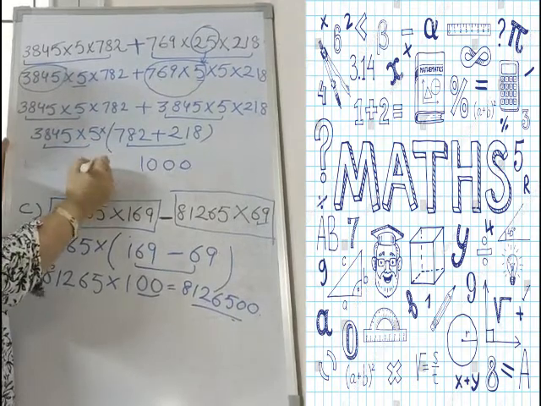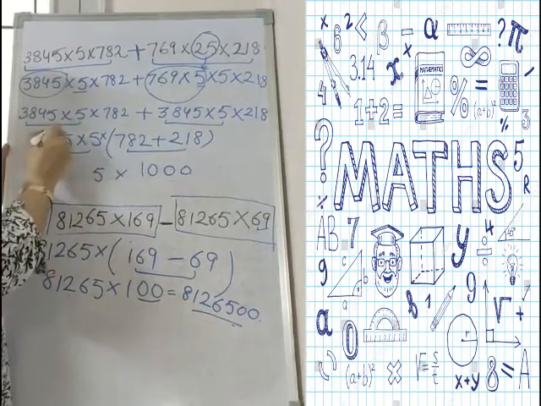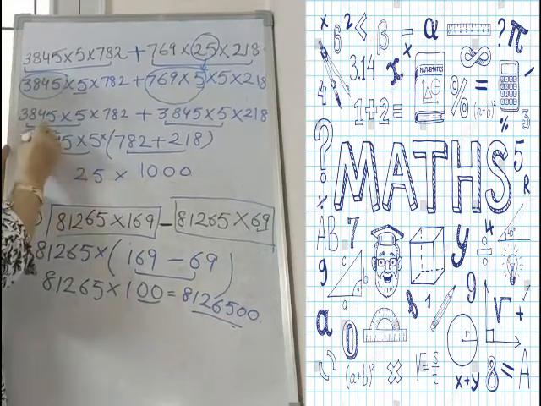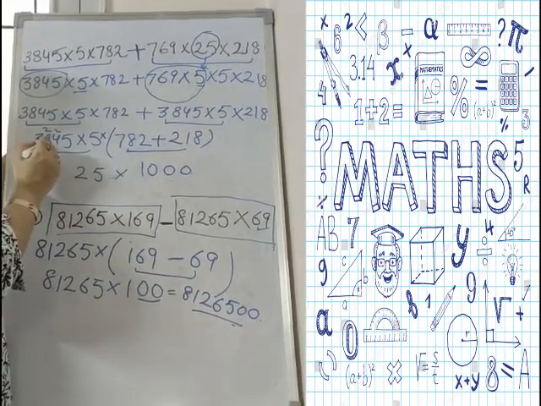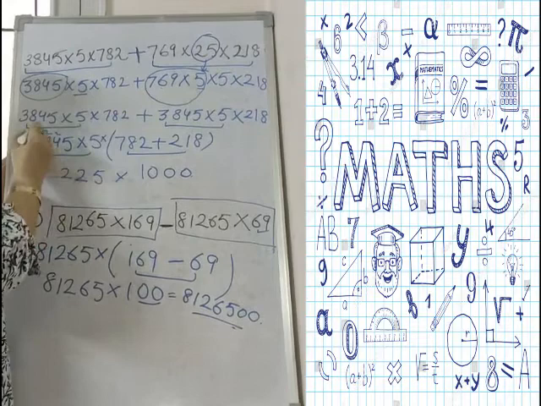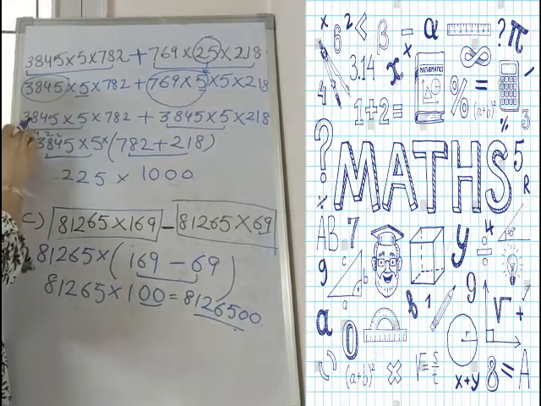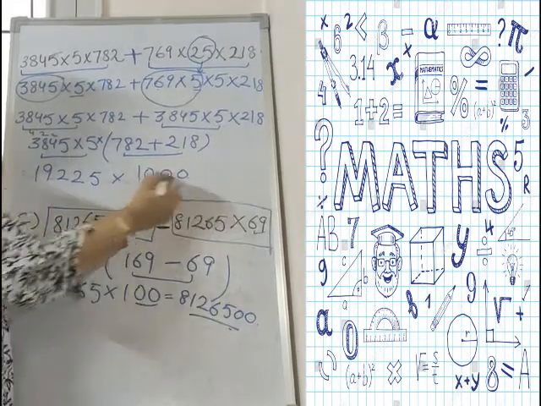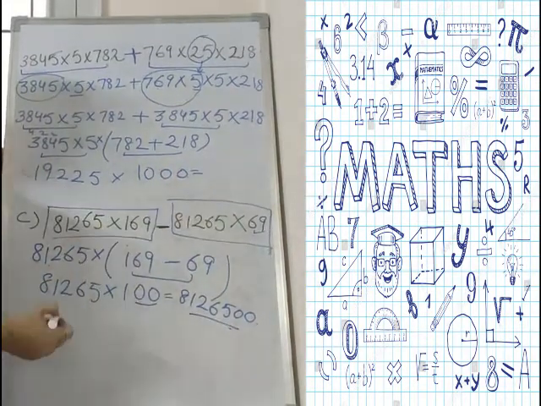5 fives are 25, 5 fours are 20 plus 2, 22, 5 eights are 40 plus 2, 42, 5 threes are 15 plus 4, 19. I think now calculation is very easy. You can do it directly.